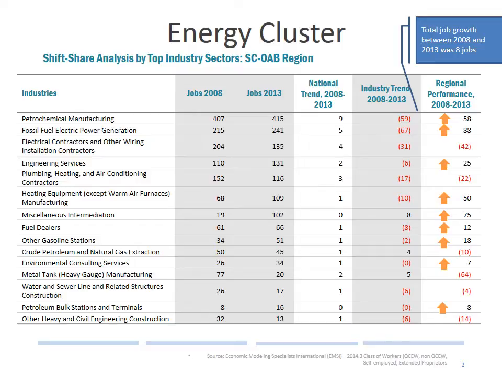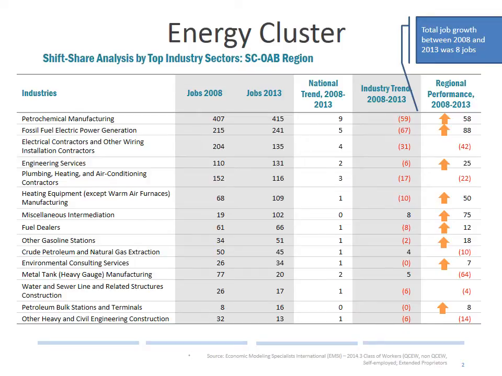The industrial mix effect represents the share of regional industry growth explained by the growth of the industry at the national level. In our example of the energy cluster, only 3 of the industries that fall within the industry cluster had an increase in industry employment growth over the 5-year period.